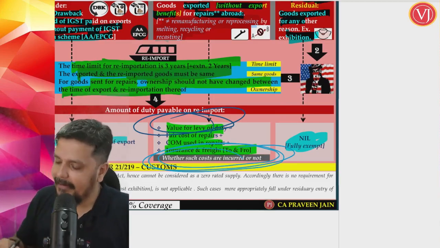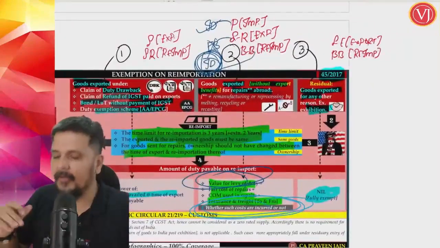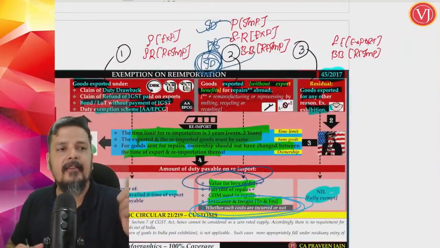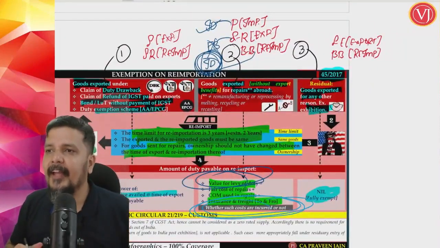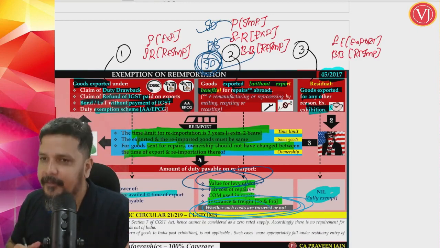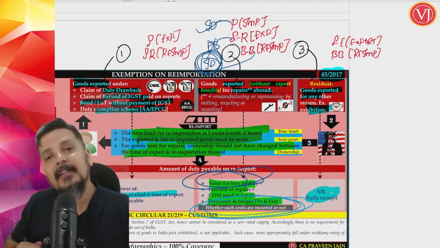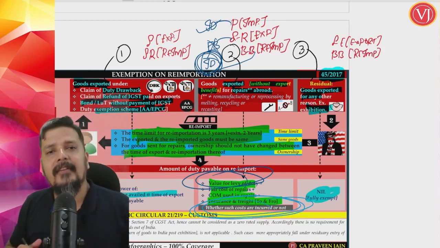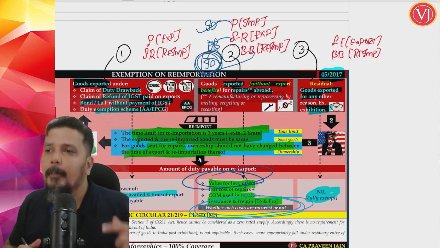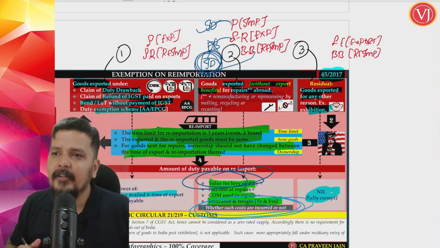But for all these three, if you see the scenarios now, what was the first scenario? Sale, sale return. Export, re-import. Second scenario, purchase, that is import, send it back for repairs, export, and bring it back after repairs, re-import. Third scenario, sending for exhibition, export, bring it back after the exhibition is over, re-import.